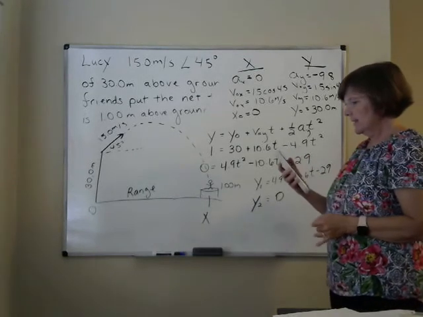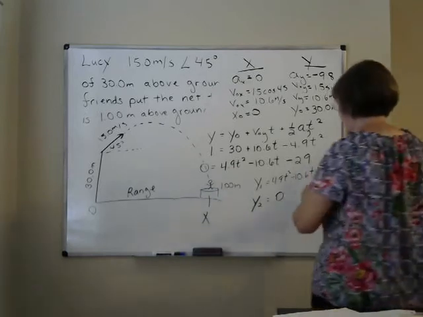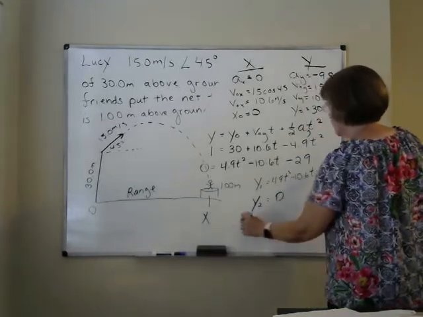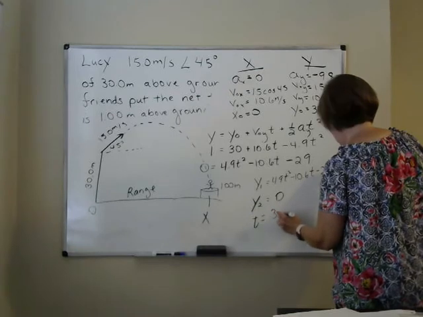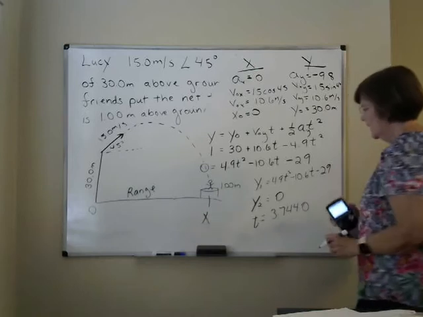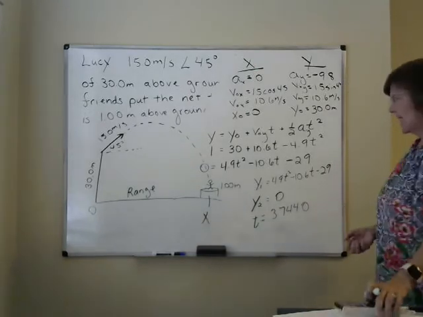They intersect at t equals 3 point, so I'm going to solve this. Intersect at t equal 3.7440. I kept a lot of places because I want to get my net in exactly the right place.